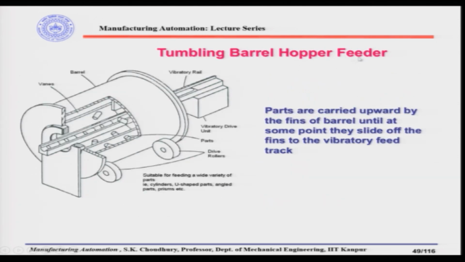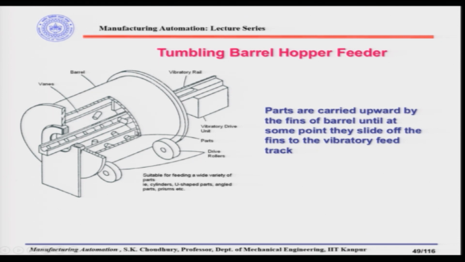Another design of the hopper feeder is the tumbling barrel hopper feeder. The so-called tumbling barrel hopper feeder is a combination of the vibratory bowl feeder and a normal tumbling barrel. Here there is a barrel that rotates, and inside the barrel there are vanes.